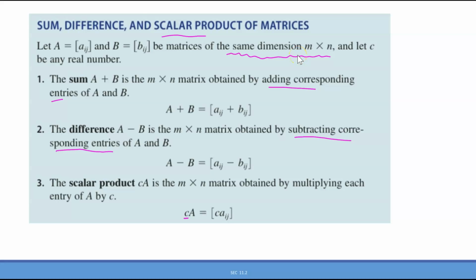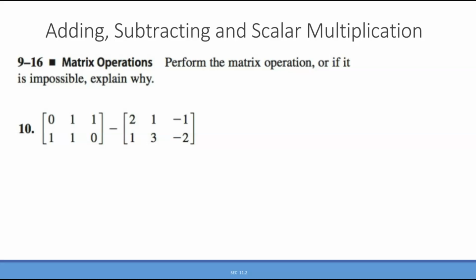To add and subtract, A and B have to have the same size. Here's matrix A, we've got 2 rows, 3 columns. Here's matrix B, we have 2 rows, 3 columns.